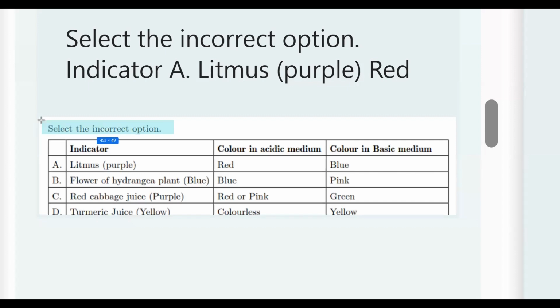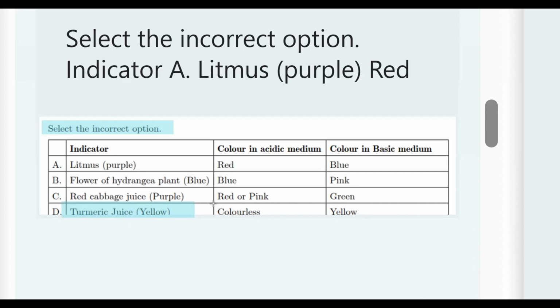The next question says select the incorrect options, and these are the indicators given here. First is litmus. Yes, it is purple in color, and it is red in acidic medium and blue in basic medium. So we have to choose an incorrect one. Let me look into this. This is turmeric, which is ordinarily yellow in color.